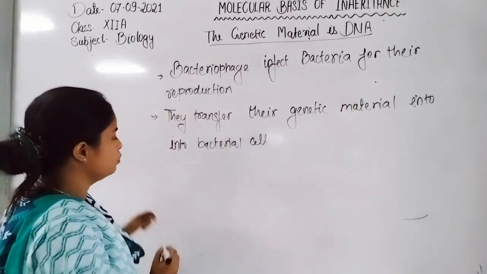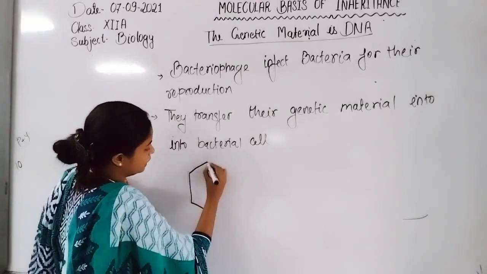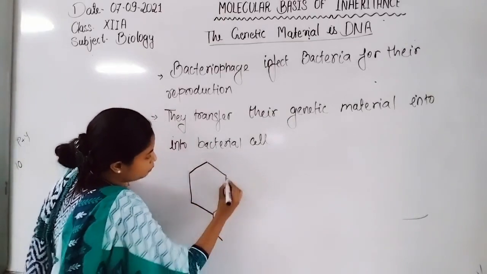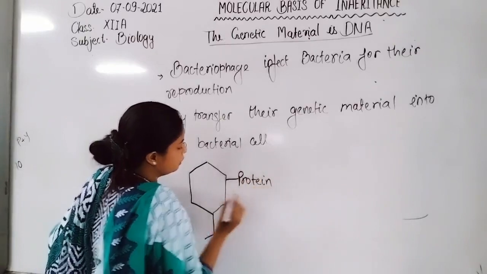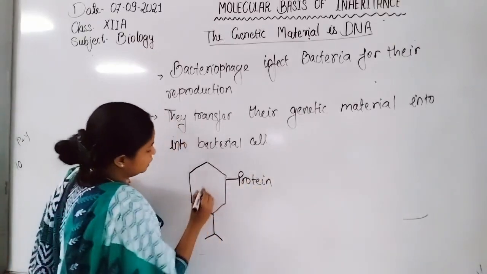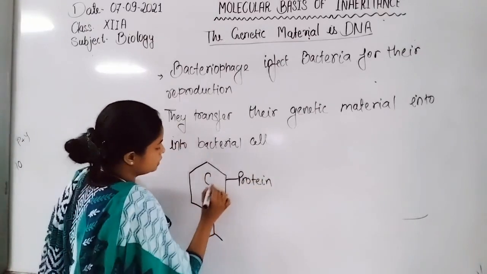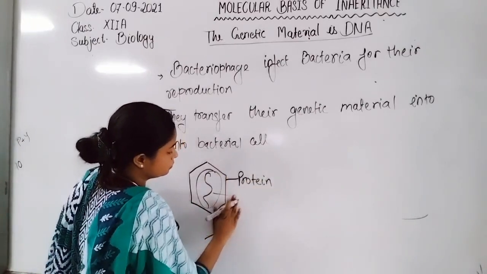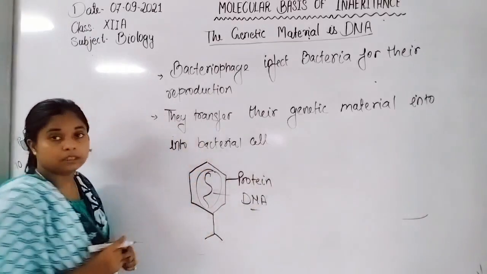Because, as we know, viruses do not have cell organelles and other proteins. They only possess a protein coat, which is a covering formed by protein, and their genetic material. So here is their genetic material, DNA, or whatever the nucleic acid is.